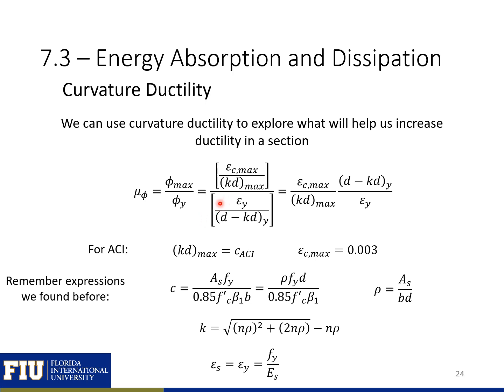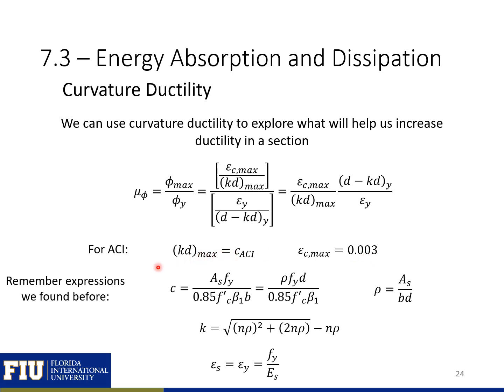So we can simplify this and plug in values that we know, such as our kd max is just equal to c from our rectangular stress block approach, and our epsilon c max, the extreme compression fiber strain at ultimate, we'll take as 0.003 using the ACI assumption.